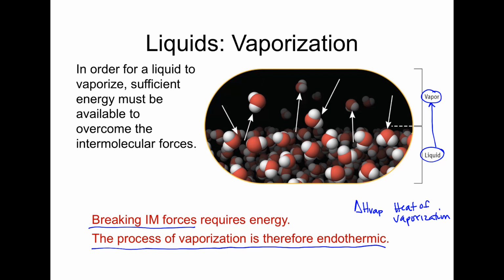Now, the more attracted the molecules are to each other, the higher the delta H of vaporization is, the harder it is to separate the molecules from each other. Once the liquid particles move away from each other and become part of a gas above the liquid, then because they're a gas, they're subject to all the normal gas laws that we know. So the ideal gas law, Dalton's law of partial pressures, all those apply to them once they've become a gas.